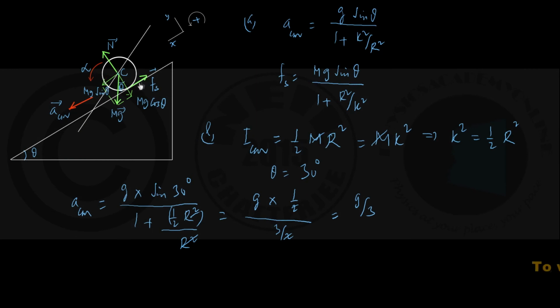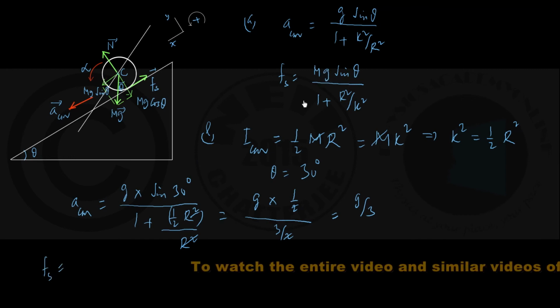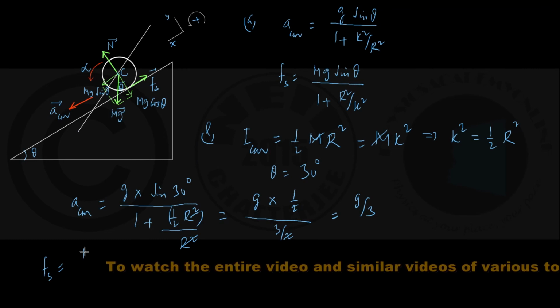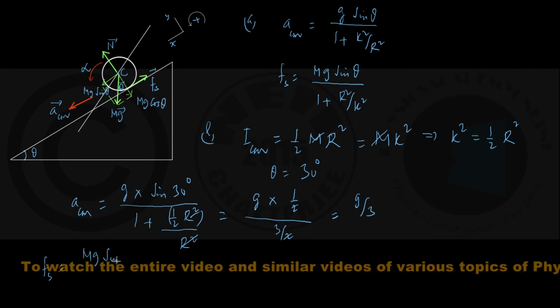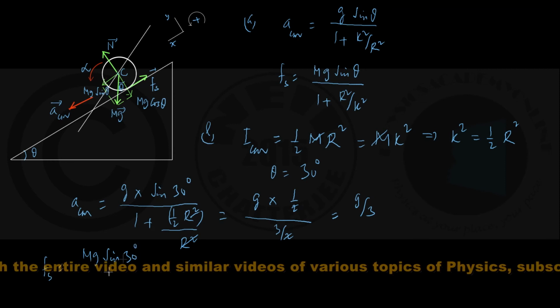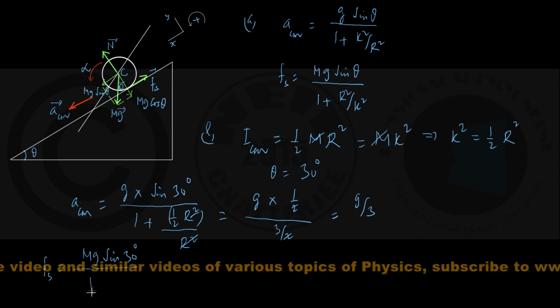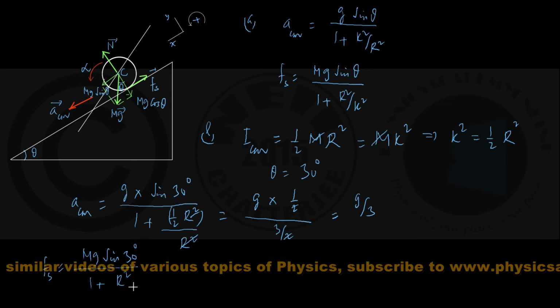Similarly, going for the frictional force acting on this body up the incline, that is Fs, given by this formula, we shall put the values now. m g sine 30 degrees divided by 1 plus r square by k square.